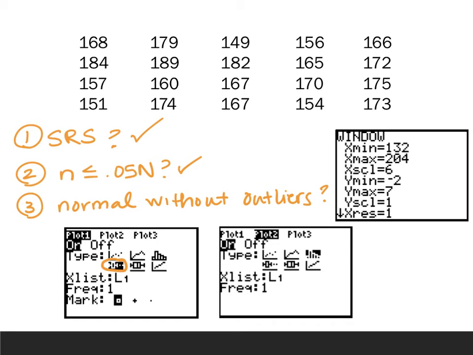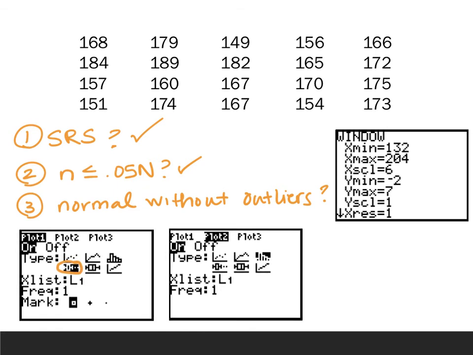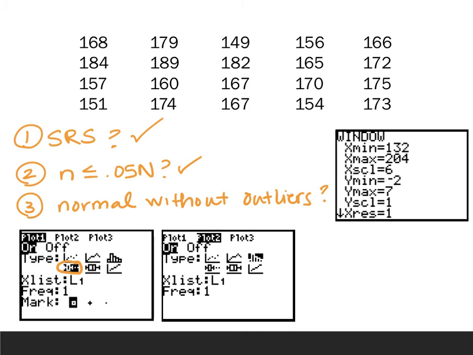All right, so here are my window settings. I set my min and max. This actually ended up being much smaller than it needed to be, but it works out. So my minimum and maximum on my x value, that's going to be my horizontal axis. And then my x scale was 6. That's going to be the width of each bar. And then my y min and y max, that's just going to be how tall the graph is, so that both graphs, both the histogram and the box plot, can be in the same window.